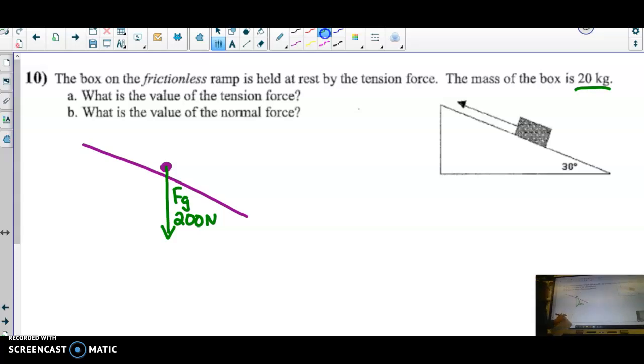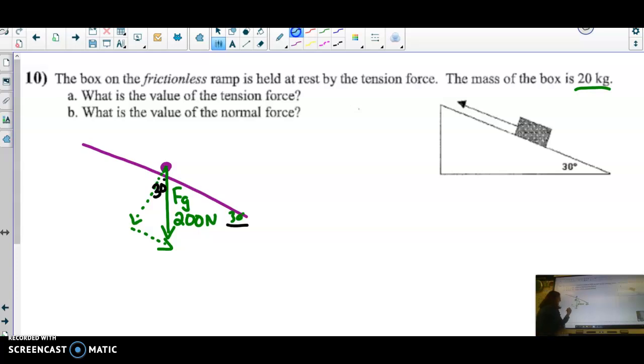Now, immediately, because this is a 30-degree angle here, I need to find the x and y components of the weight. I need to figure out how much of the weight is pulling the object onto the board and how much of the weight is trying to pull it downward. And whatever this angle is down here, that's the angle up here inside that triangle.